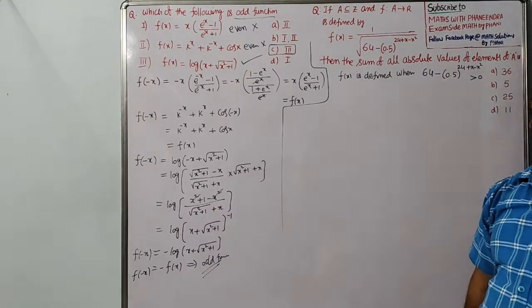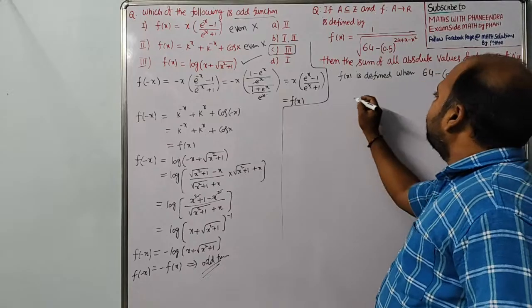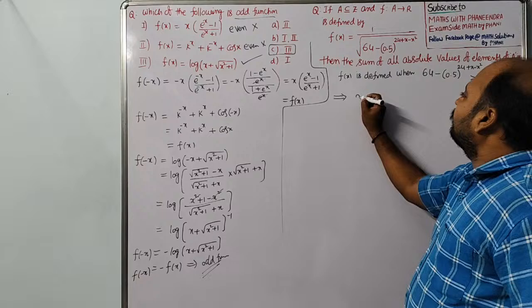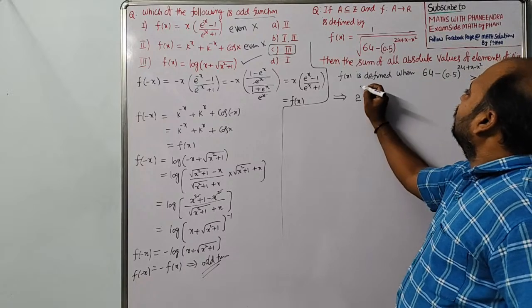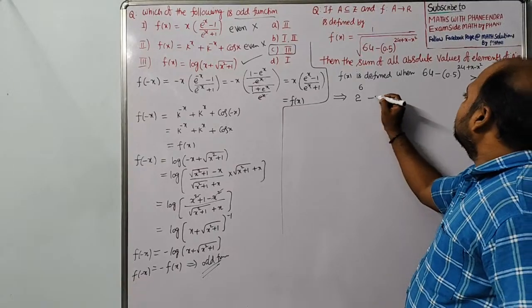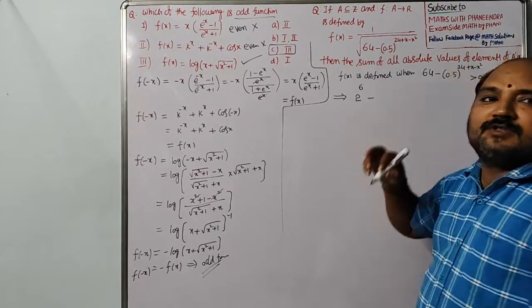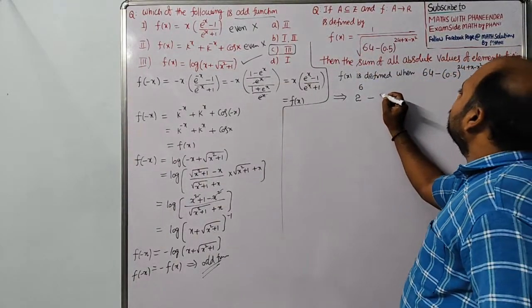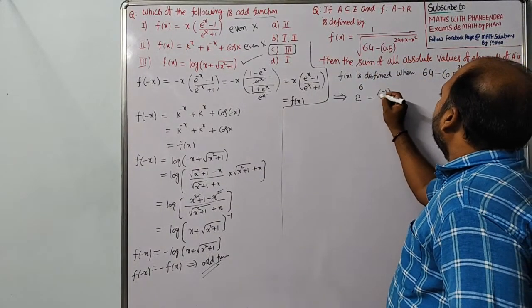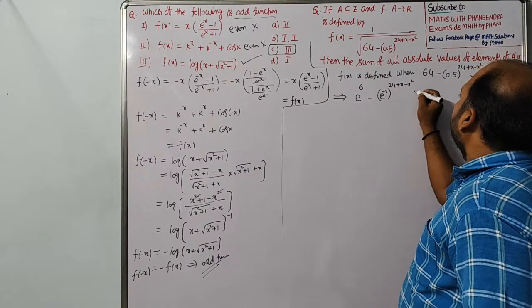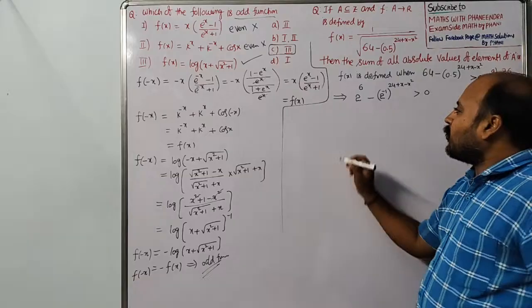So 64 can I write in powers of 2. So 2 power 6 is 64 minus 0.5. 0.5 we can write as 1 by 2 only. So 1 by 2 means 2 power minus 1, whole power (24 plus x minus x square), is greater than 0.